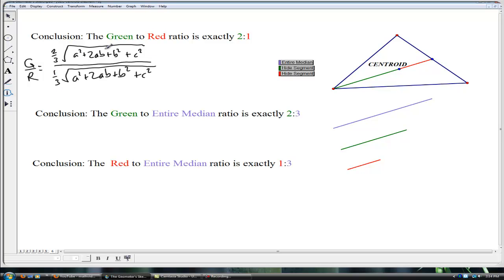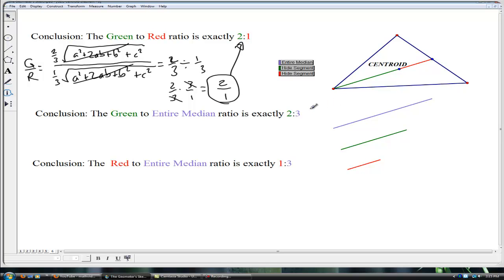Now if you haven't noticed, these radical expressions are exactly the same in numerator and denominator, so those reduce to 1. And basically all I need to do now is 2/3 divided by 1/3. 2 to 1 ratio. So there is our proof that this green piece is exactly 2 times the distance of the red piece.